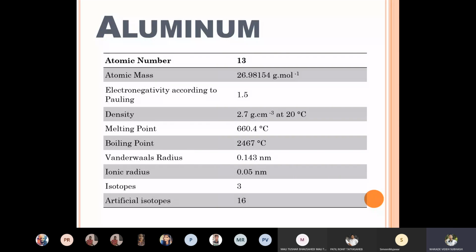Melting point of aluminium is 660.4 degrees Celsius and boiling point is 2467 degrees Celsius. Van der Waals radius is 0.143 nanometer and ionic radius is 0.05 nanometer. It has 3 isotopes. Artificial isotopes are 16.